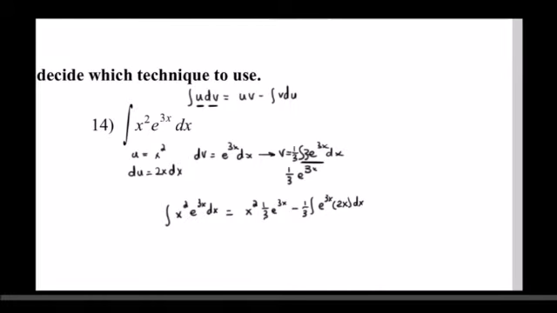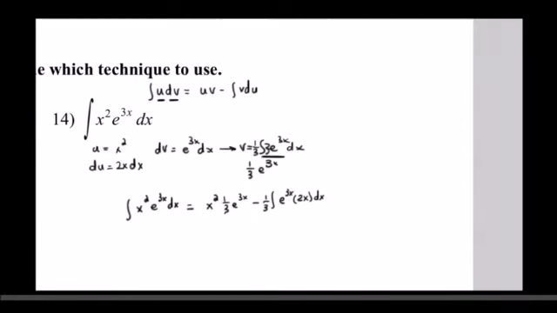Now we have another slight problem. This antiderivative is not going to be quite so easy to find. The reason being is, we have e to the u, but then this right here is not du. 2x is not the derivative of 3x.